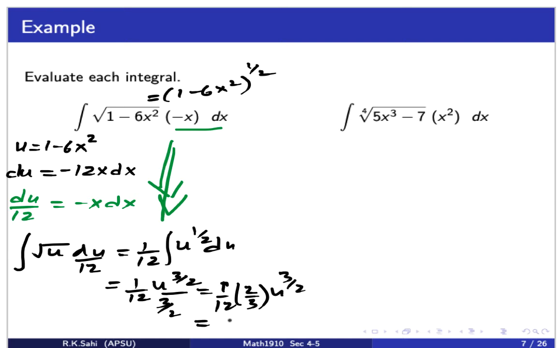So your answer is 1 over 18, because 2 times 6 is 12 times 3 over... 1 over 18 u. We replace u by 1 minus 6x squared, to the power 3 halves, plus a C.